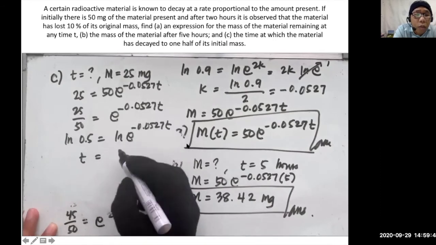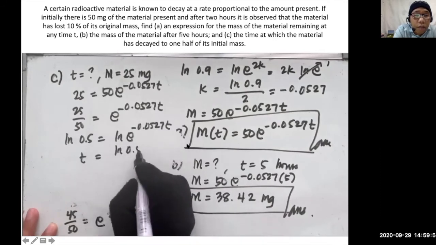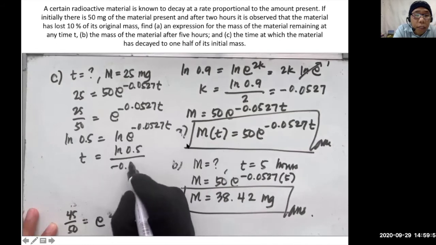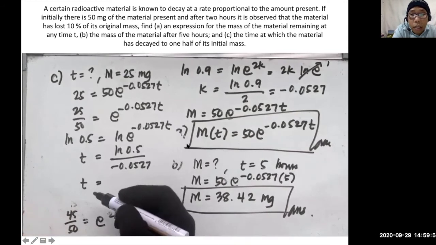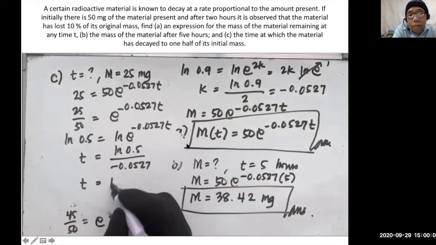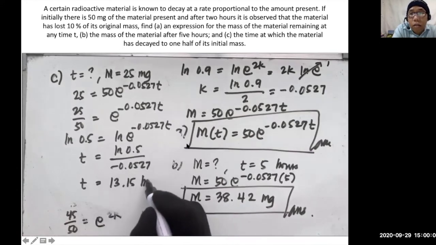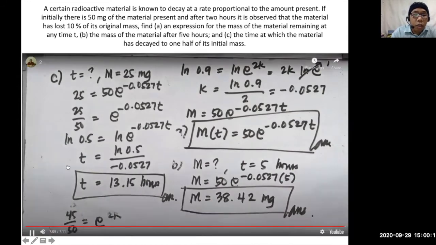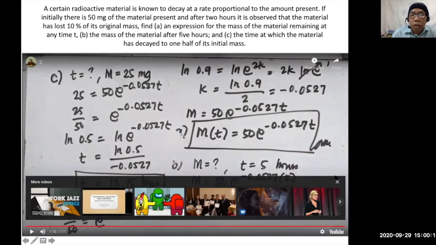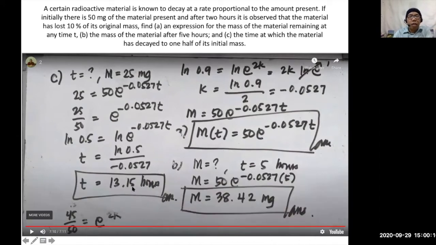Then we have t equal to ln of 0.5, and divide both sides by minus 0.0527. Again, ln of a number less than 1 is negative. That's why negative over negative, we have a time that is positive. 13.15 hours is the time at which the mass of the material became one half of its initial value.